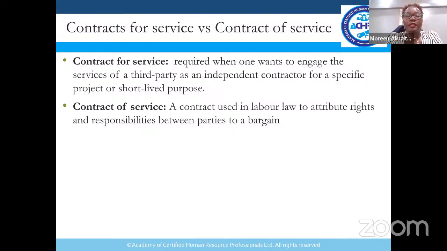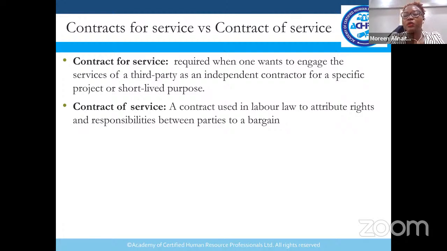The contract of service will come into play when the employer has given an employee rights. They've given this person work to do within a continuous period, and there's supervision needed for that person to be able to accomplish the work they've been given.